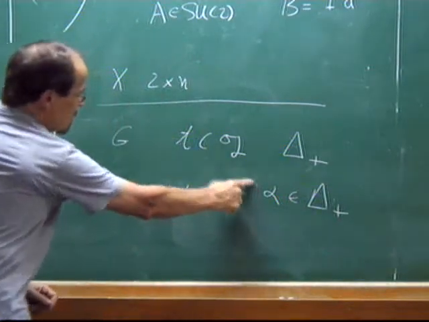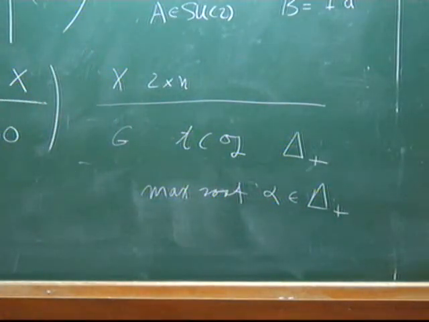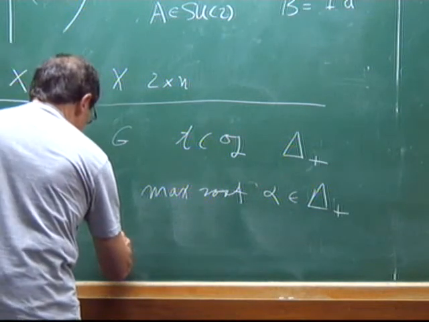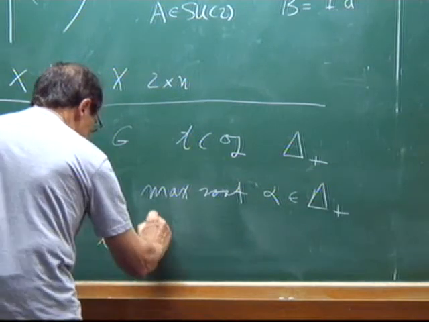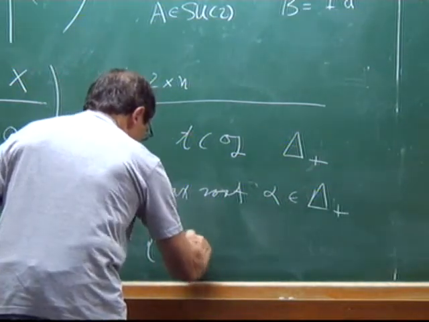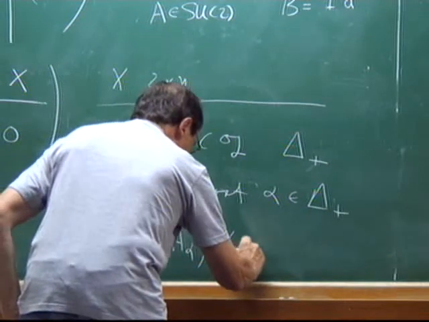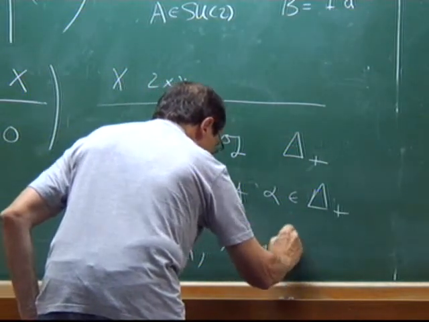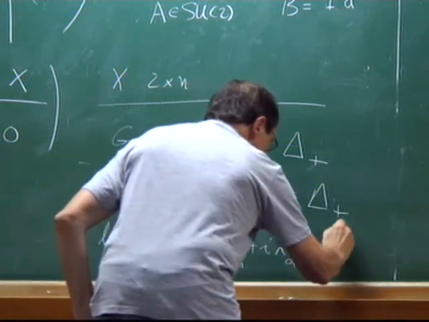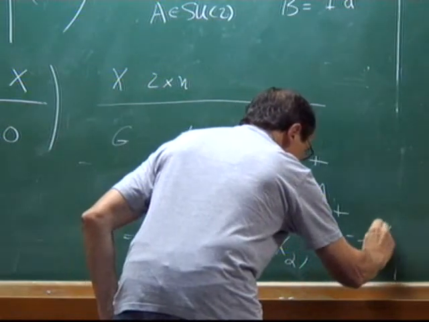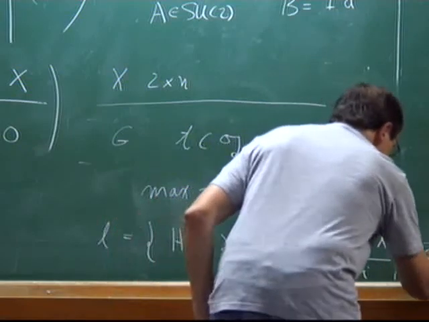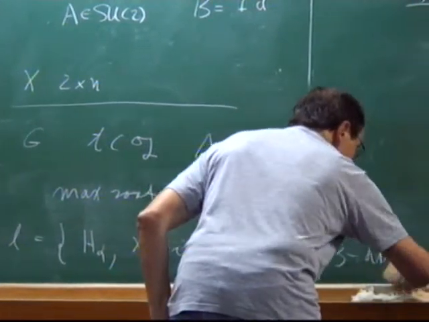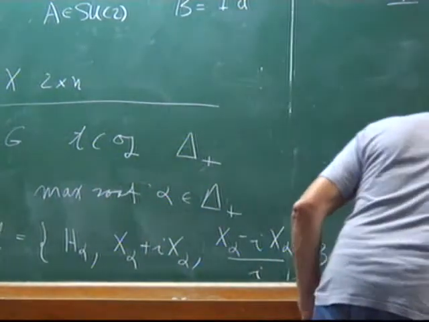I think we discussed this existence and uniqueness of the maximal root at some point. When I have a root, I have a three-dimensional subalgebra. We call it L. This was the root vector H_alpha, X_alpha plus i X_alpha, and X_alpha minus i X_alpha divided by i. This is a three-dimensional subalgebra in G.